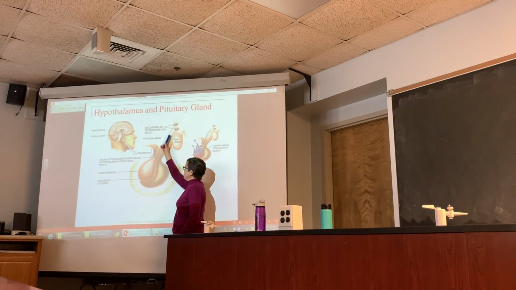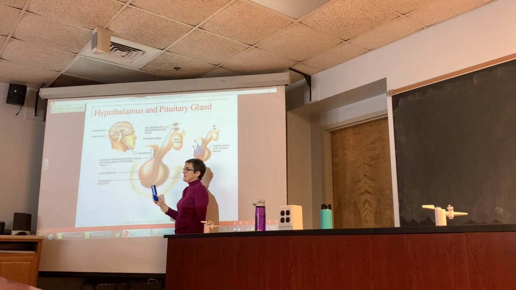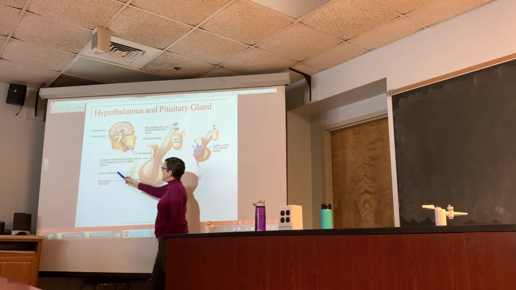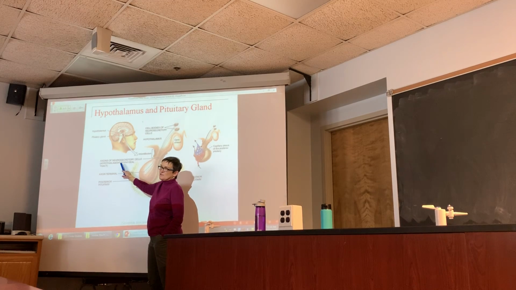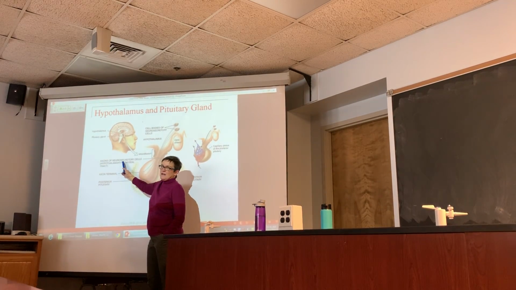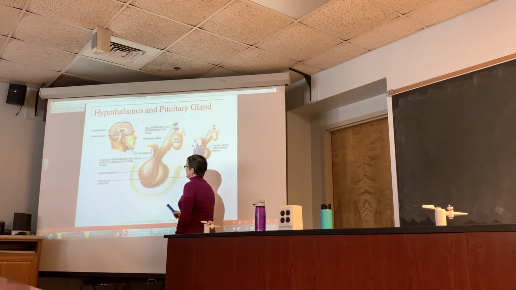And so the hormones are released at the axon terminals of the axons. This bundle of axons is called the hypothalamo-hypophyseal tract. It's a really long name. It just means hypothalamus and hypophyseal is pituitary gland. So it means it's connecting these two things. It's connecting the hypothalamus with the posterior pituitary. But that is a tract.